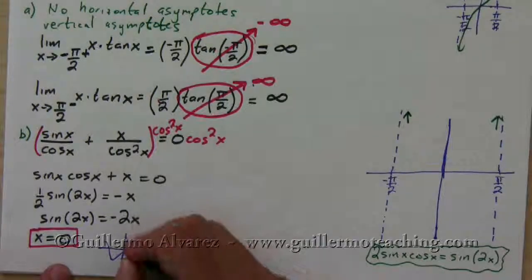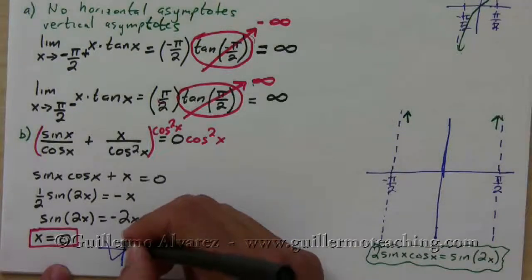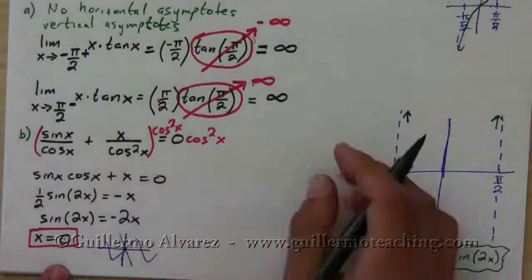And so negative 2x, well, this line goes down here like so.